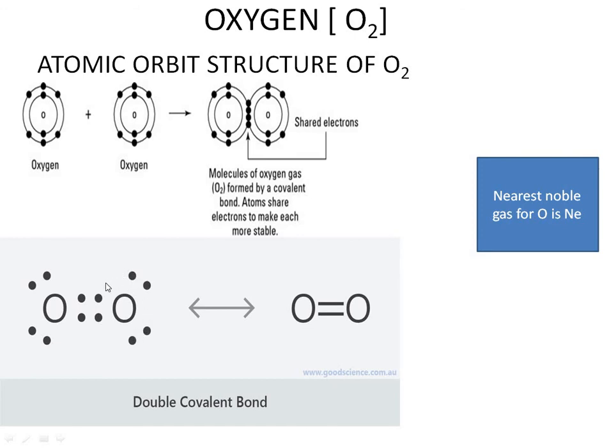They are not involved in the bond formation, so we call it a lone pair. The electron pairs not involved in bond formation are lone pairs. Only the electrons in the center are involved in the bond pair. So this we call a bond pair, and the one not involved in bonding we call a lone pair.